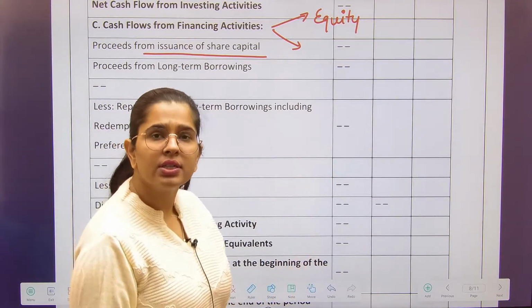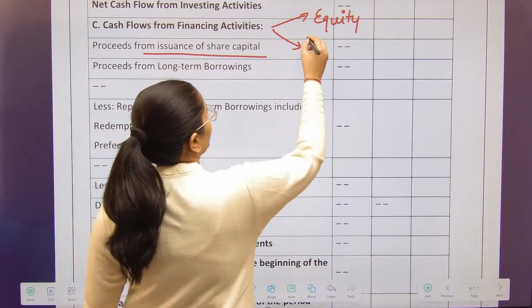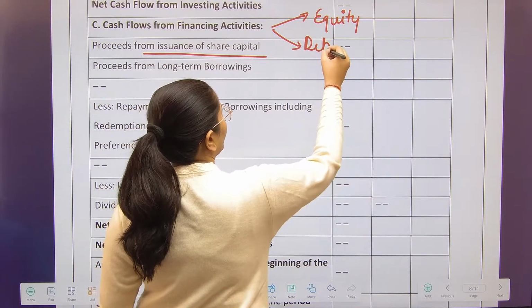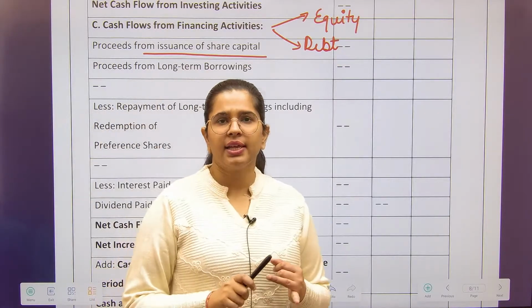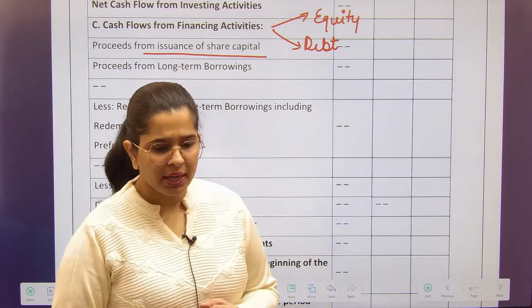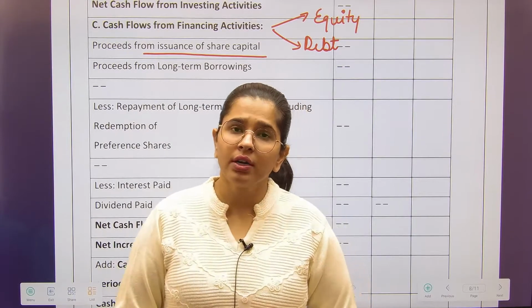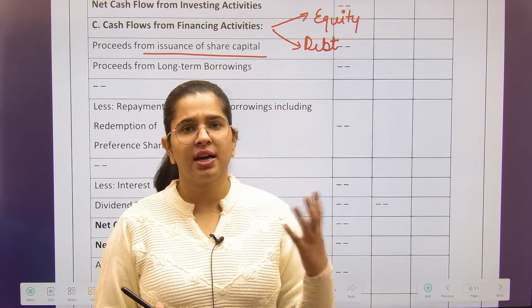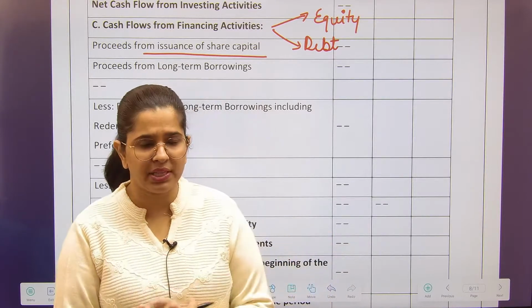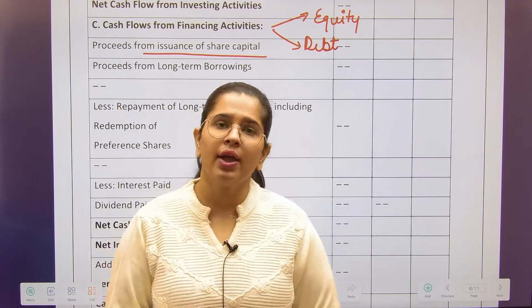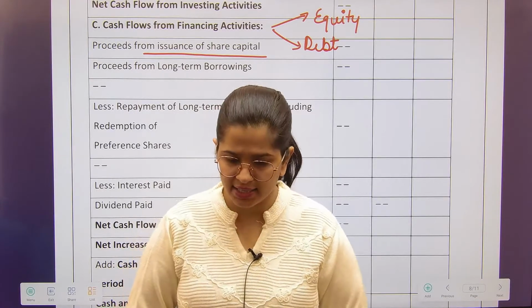That means owner's fund, or it will be in the form of debt. Debt means debentures, loans, any other kind of deposits, right? So these are all what? These are debt funds and the others are owners funds. So there is always a trade-off which happens between these two, and that's how any business will finance itself.